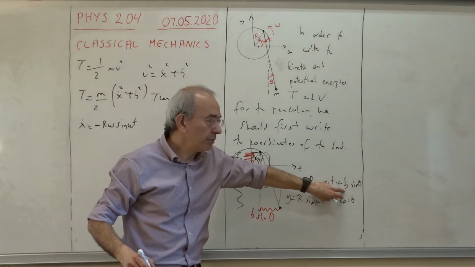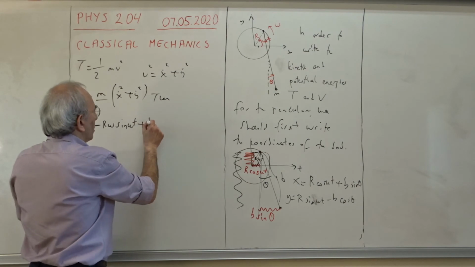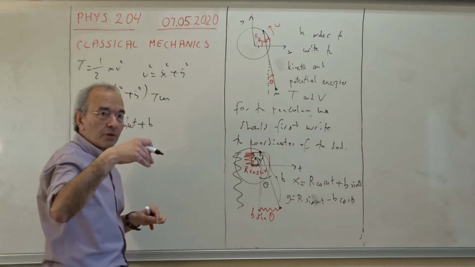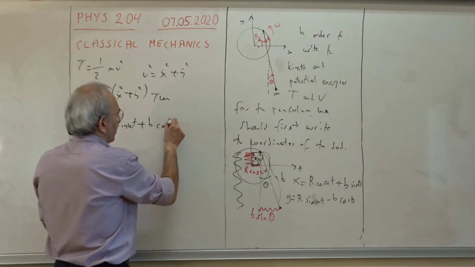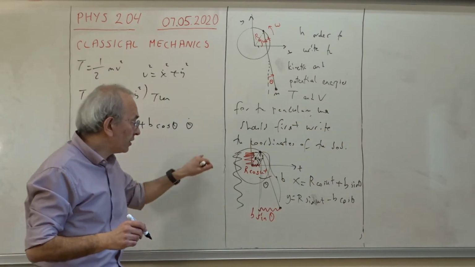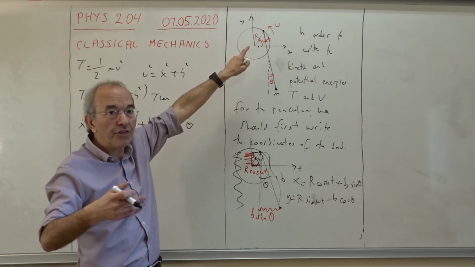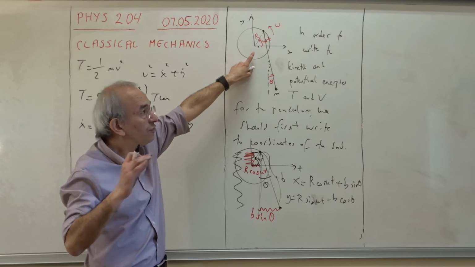But the second term, b is fixed, yes, but sine theta becomes cos theta, but also don't forget to put the theta dot. Remember, theta dot is not omega. Omega is the angular velocity of this part, and omega is fixed.